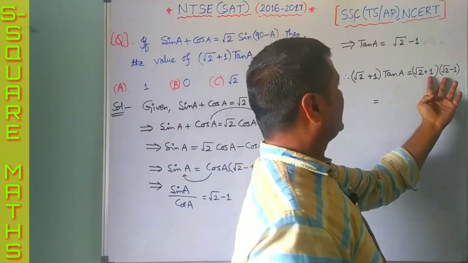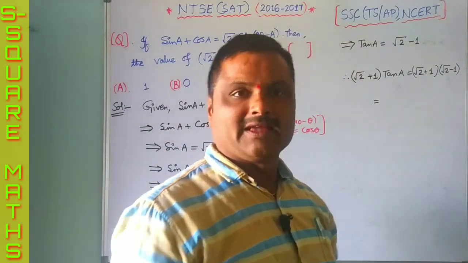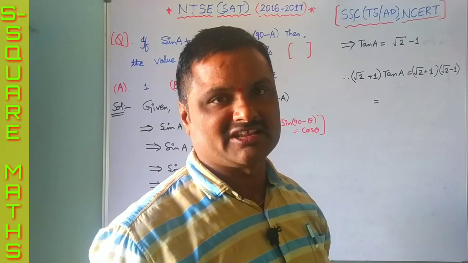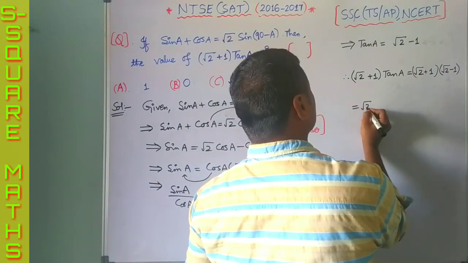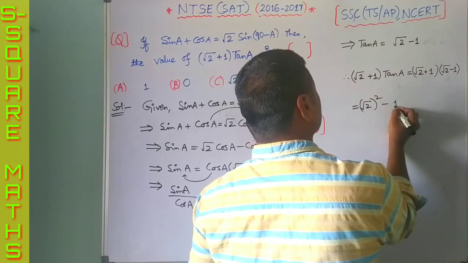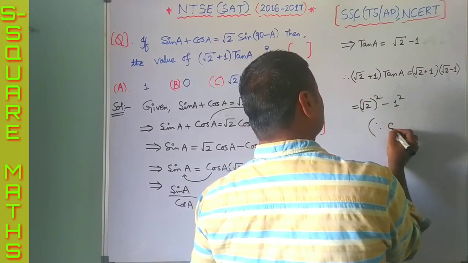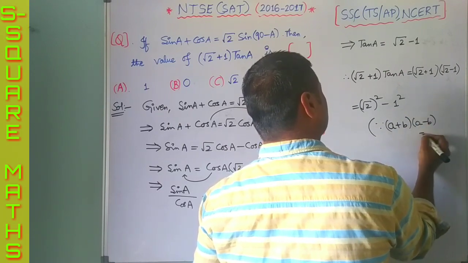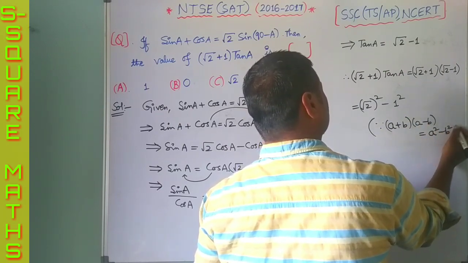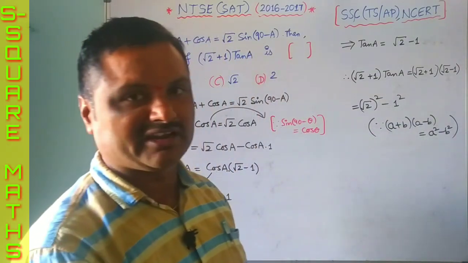If you observe carefully, the right side takes the form of A plus B into A minus B, which is A square minus B square. So I can write root 2 the whole square minus 1 square. This is the formula I applied here.